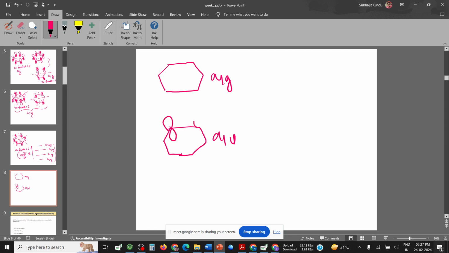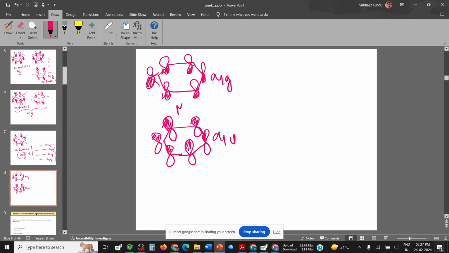If this is A1G, so if its symmetry is all up, then the symmetry of the above ring will be that all the phases will be down. That is the only possibility when this can interact with the metal.